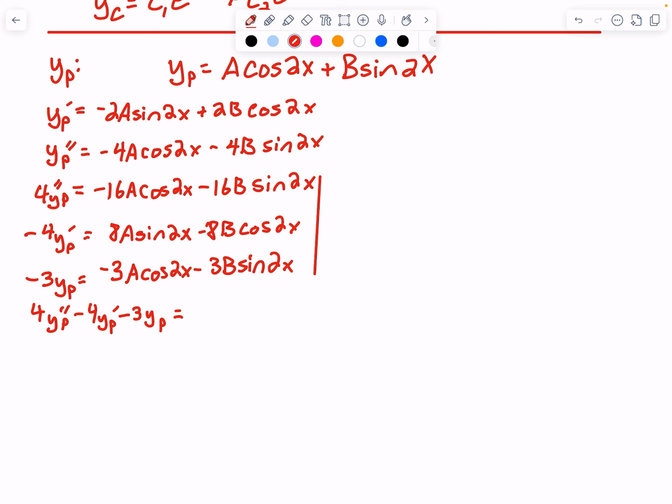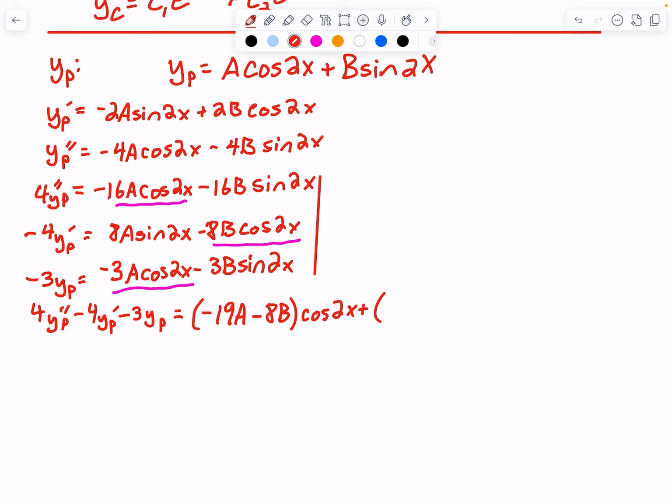So we can add all our cosines up. Cosines, I'm going to have negative 16a. Well, actually, here, let me highlight them. I'm going to have this one, and that one. So you can see that we have negative 16a, and a 3 makes a negative 19a minus 8b, and that is times the cosine 2x.